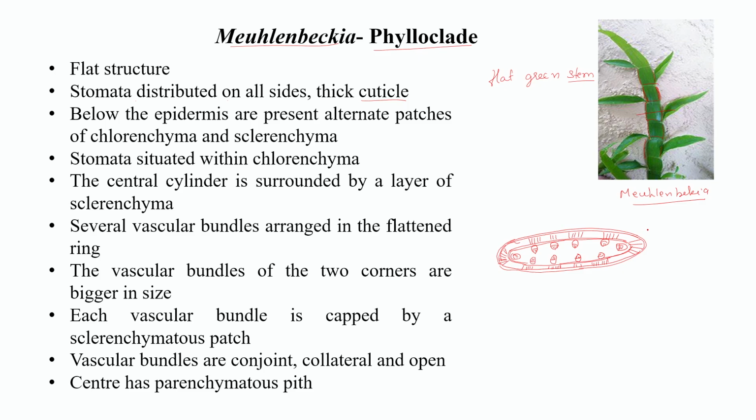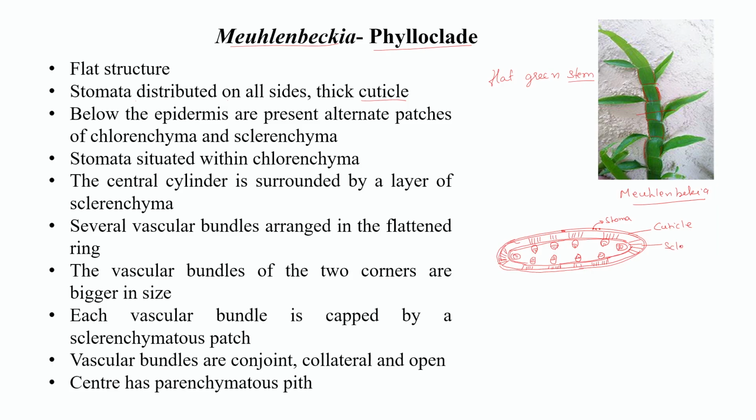Now, in this you can see that a thick cuticle will be there definitely. A lot of stomata will also be there, stomatal pores will be there. And then you will have a thick layer of cells below the epidermis, arranged in patches.